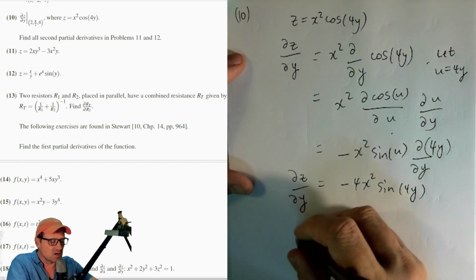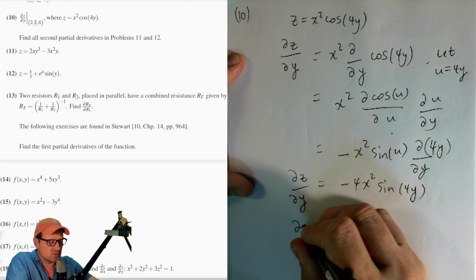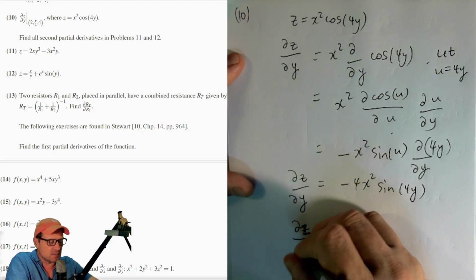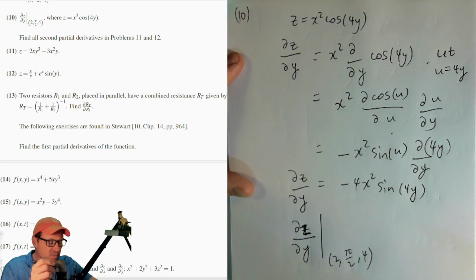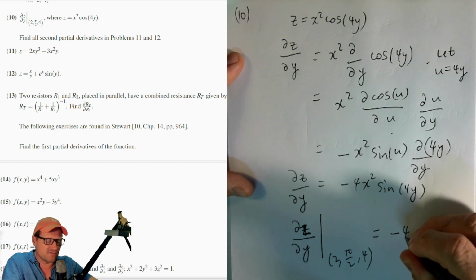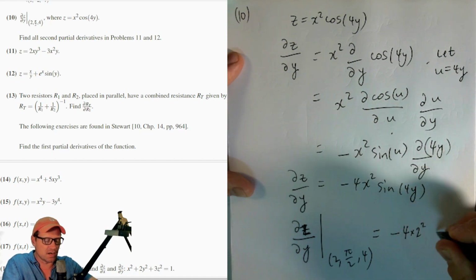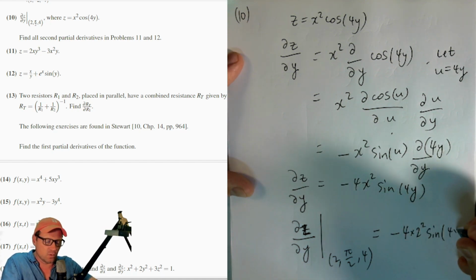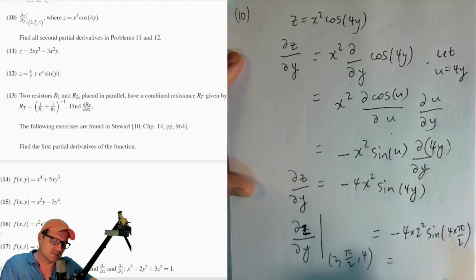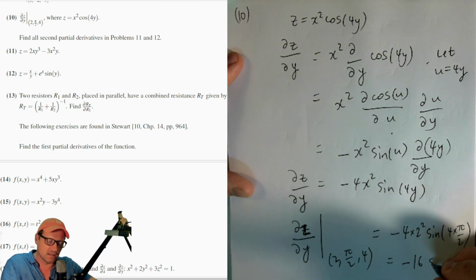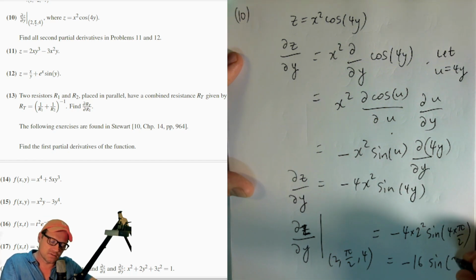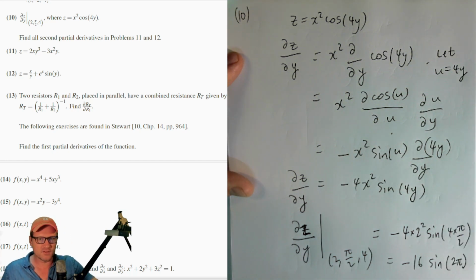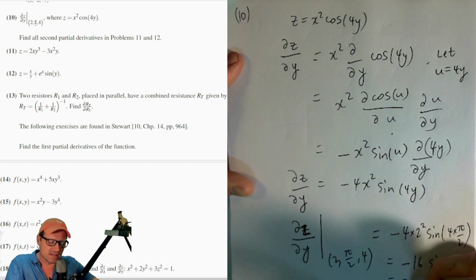And so the last part of this that we need to do is substitute in x is 2 and y is pi on 2. So this is minus 4 times 2 squared sine of 4 times pi on 2. And so 4 times 4 is 16. So we have minus 16 sine of pi on 2 times 4, which is 2 pi. So sine of 2 pi is 0. And so we just get 0 for this.